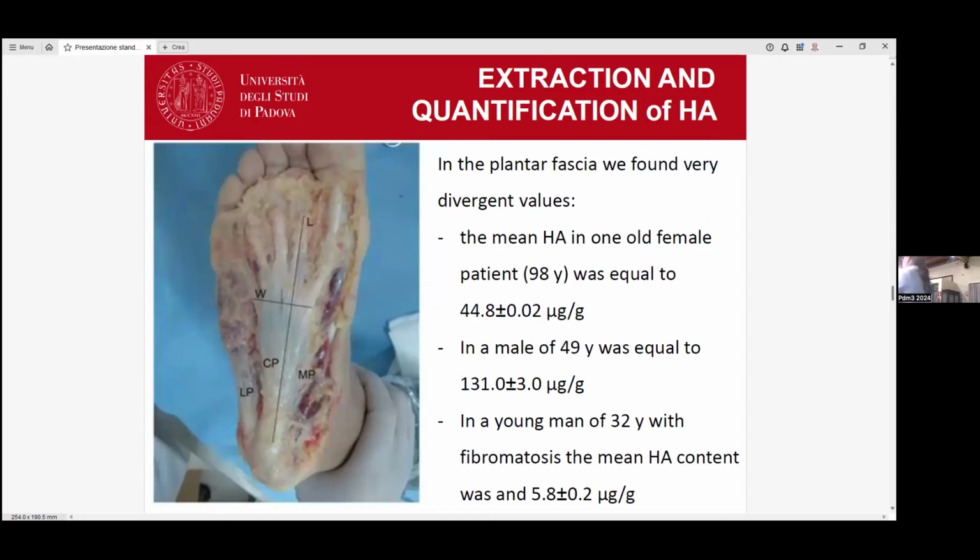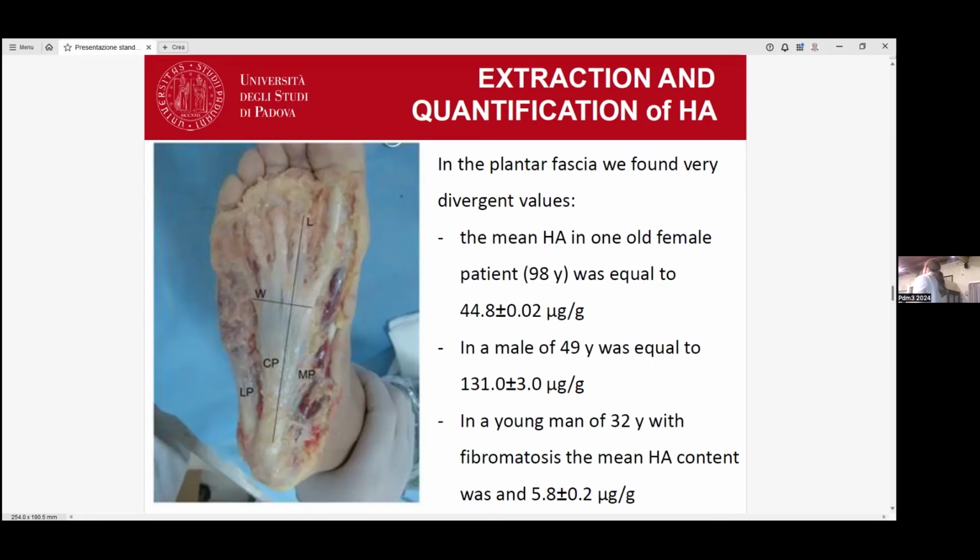Also, in the plantar fascia, we found a very strange situation because in the majority of the patients, we found around 40 microns, exactly as the fascia lata and the rectus sheath, which are pretty similar fascia. But in a pretty young male, we found 3-4 times more hyaluronan.